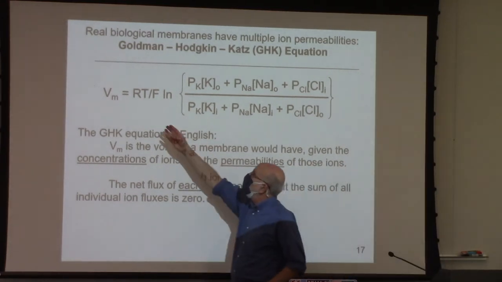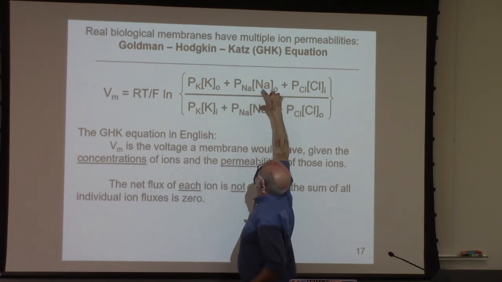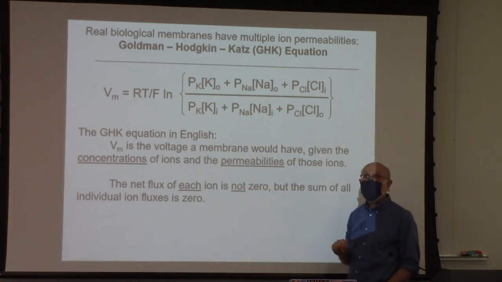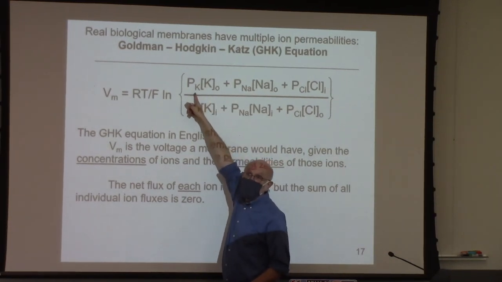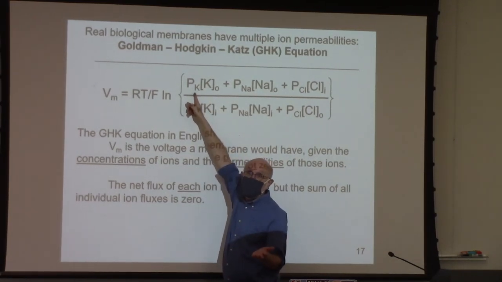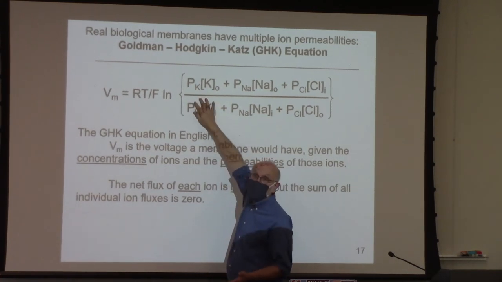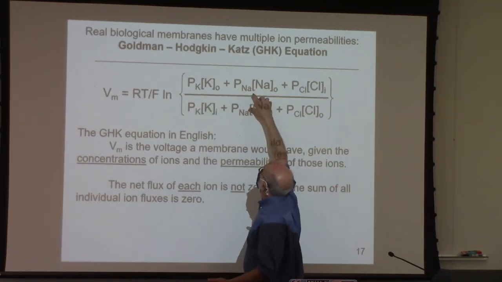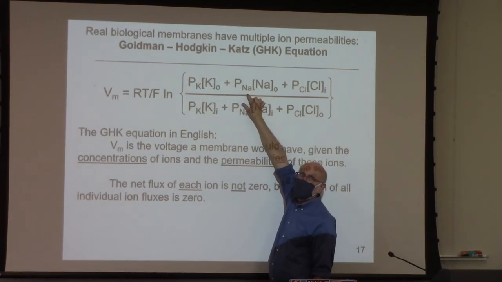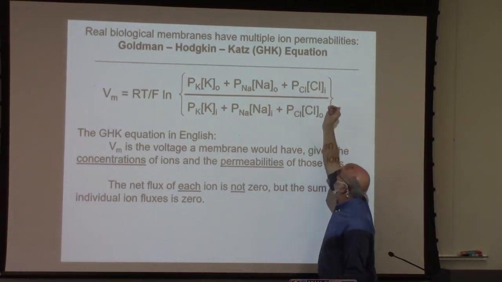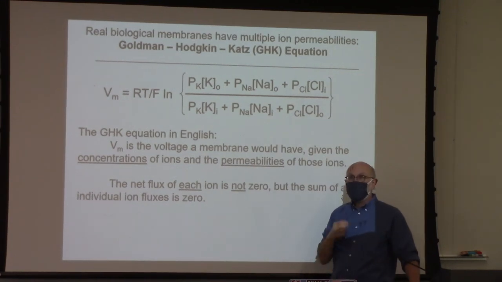So the membrane potential is a function of the concentration gradients and their relative permeabilities. The permeability to potassium, which is high at rest, so this term dominates, and the permeability to sodium, which is low at rest, and the permeability to chloride, which is variable at rest.